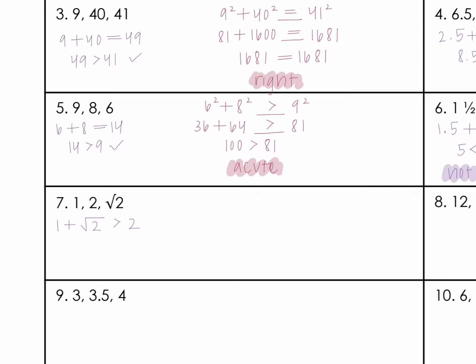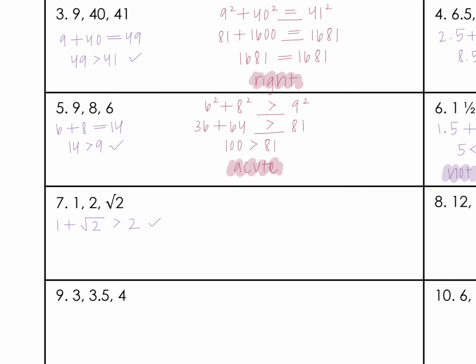So this is going to lie in between that somewhere. And so we know that this will have to be greater than 1, which means 1 plus something greater than 1 will automatically mean this is greater than that 2. So this is going to be a triangle. Okay, so since we don't have our calculators, we're justifying it that way.